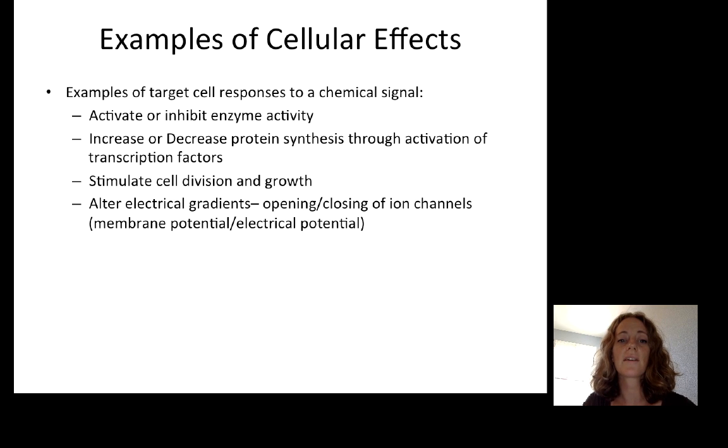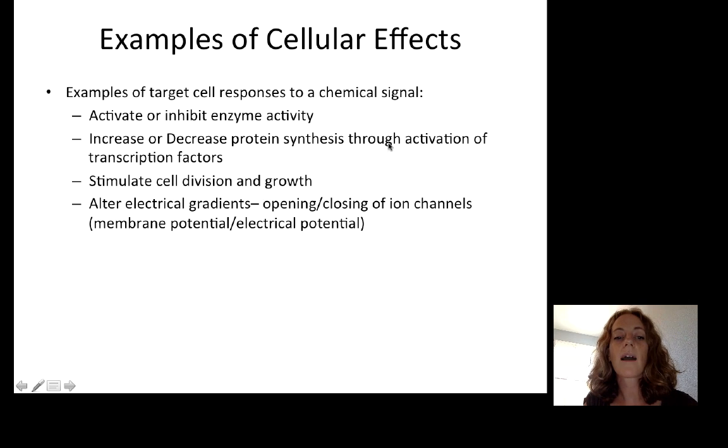Some examples of cellular effects. So when these chemicals get into cells, they can change the activity of enzymes. We spent a lot of time talking about metabolic enzymes or metabolism. So they can activate or inhibit enzyme activity and generally change metabolism of a cell, how active a cell is. They can increase or decrease protein synthesis, so they can change the secretions of a cell, they can change the chemical signals of that cell, other chemical signals.